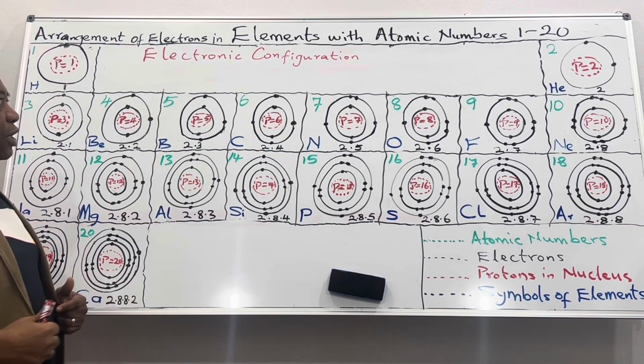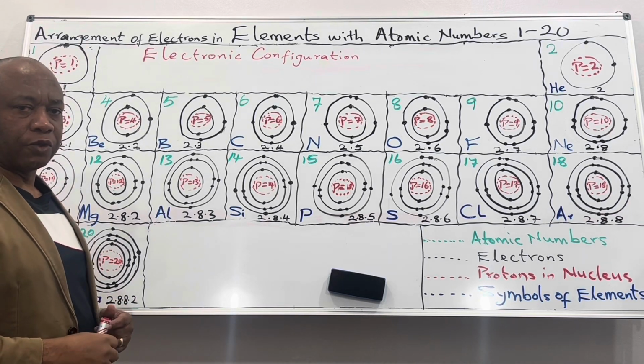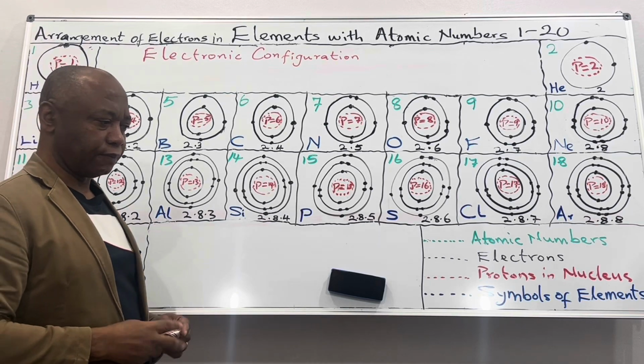So here we are talking about electronic configuration of elements with atomic numbers 1 to 20.